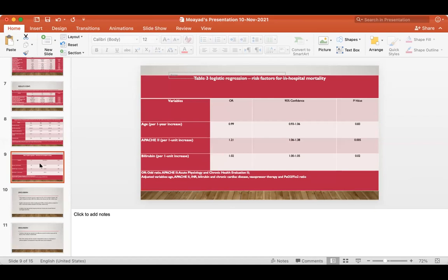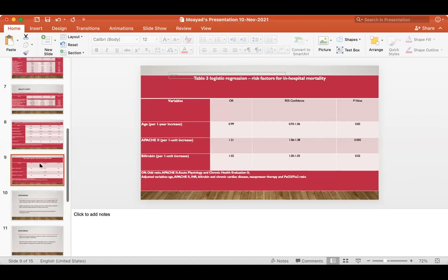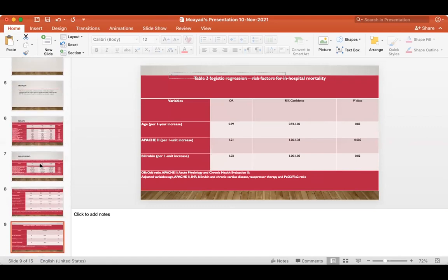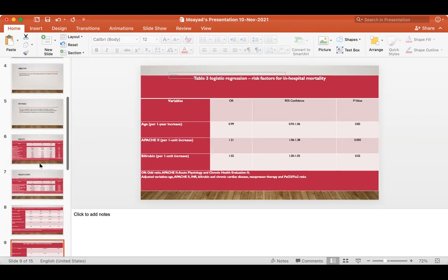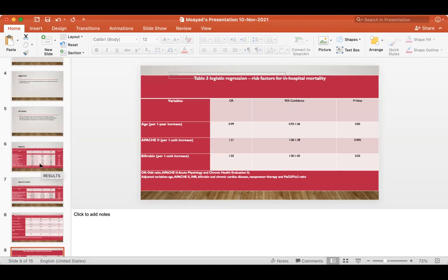One of the reasons for high mortality, I think, is the issue of goals of care, that perhaps in other places some of these patients would have had goals of care addressed earlier. Is that a possibility, Moyed? Yes, yes. So these are very sick patients, and I mean, the goals of care should have been addressed.